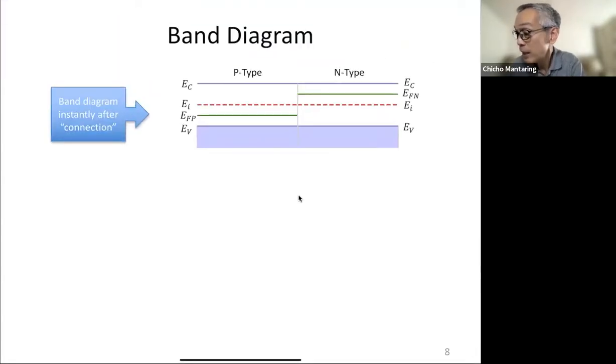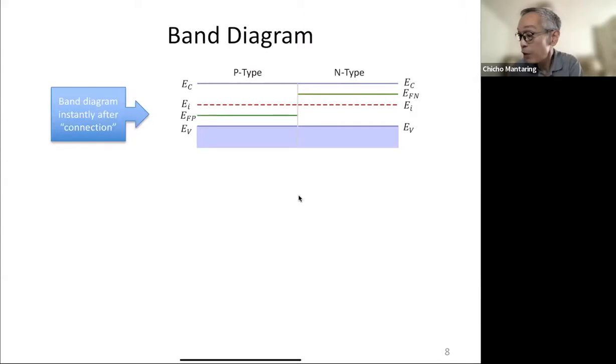Okay. This is the value of EC, the lowest possible energy an electron can have to be able to be promoted to the conduction band. This is the value of EV, the highest possible energy your hole can have, or your electron in the hole can have. And then you have your intrinsic Fermi level, E sub i. And then remember that in a P-type, your Fermi level is below E sub i, and in an N-type, your Fermi level is above E sub i.